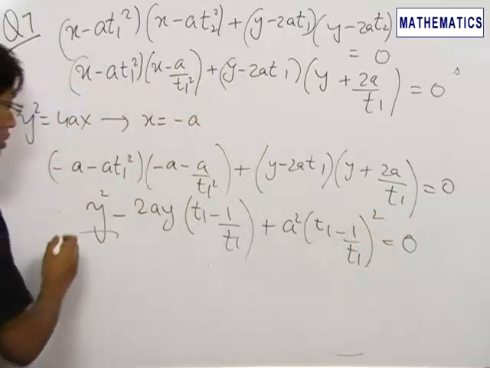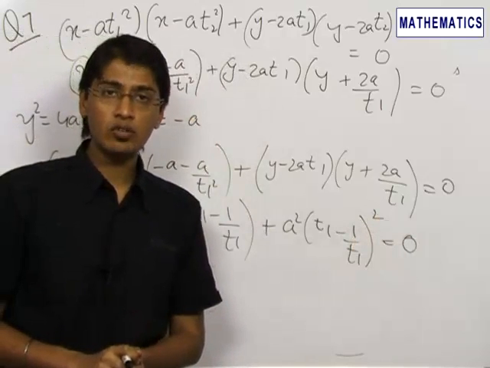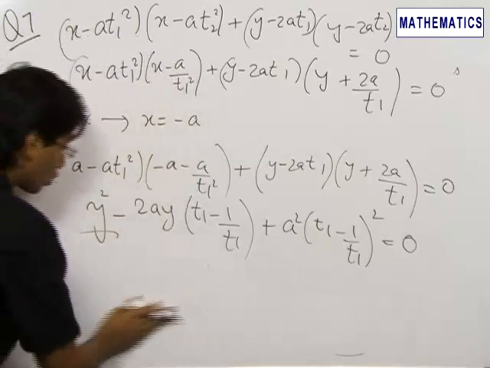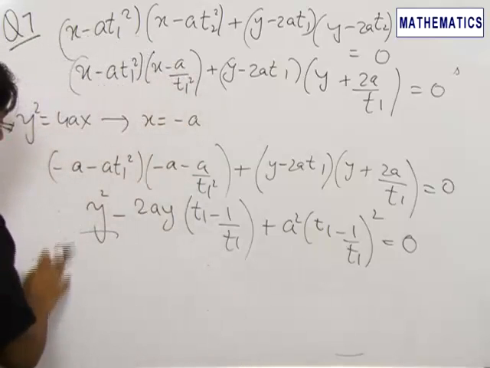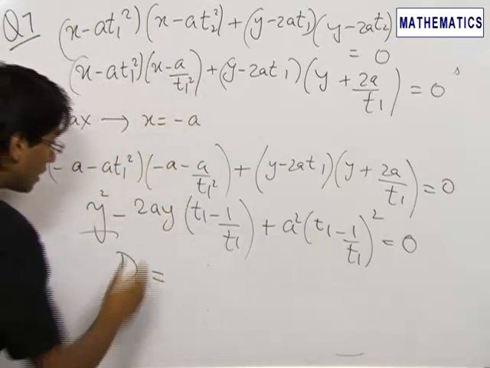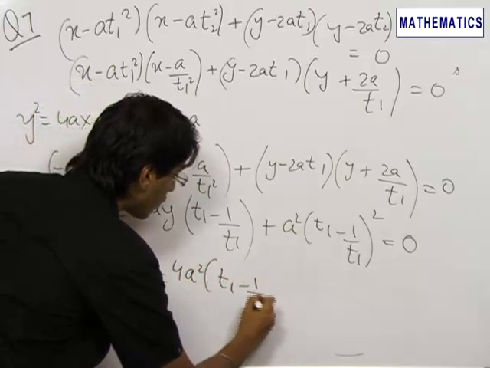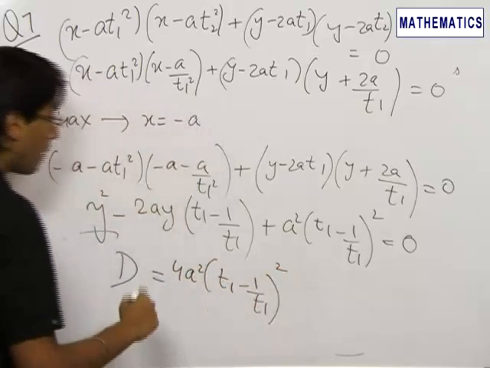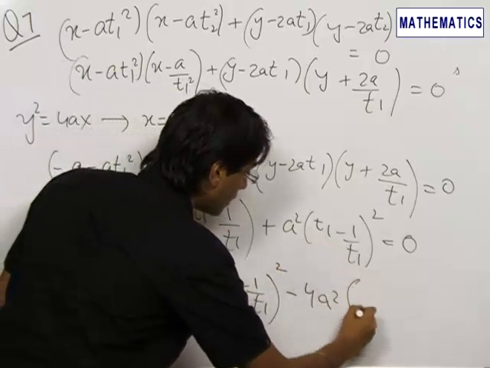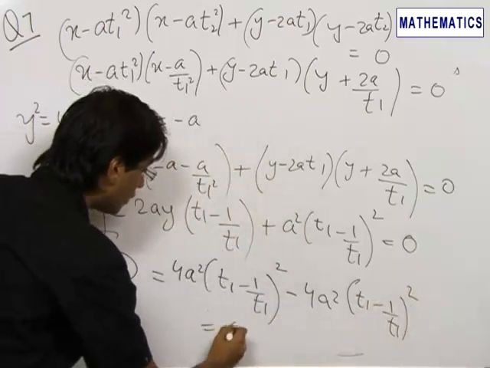Now this is a quadratic in y, and to prove that the directrix x equals minus a is a tangent to this circle, we need to show that the discriminant of this quadratic is equal to 0. The discriminant is b square minus 4ac, that is 4a square into t1 minus 1 upon t1 whole square minus 4a square into t1 minus 1 upon t1 whole square, and this is definitely equal to 0.